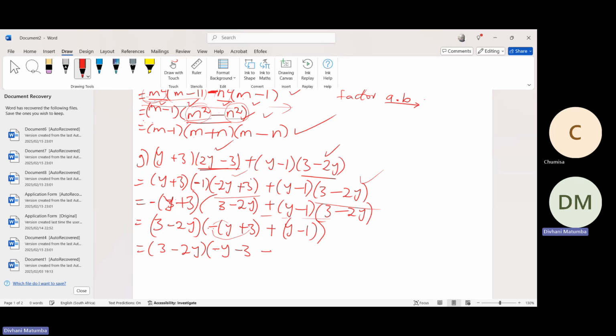Then plus, 1 times y, it will give me a y. Then 1 times minus 1, it will give me a minus 1. Do you see that if we add these two like terms, it will give us a 0?